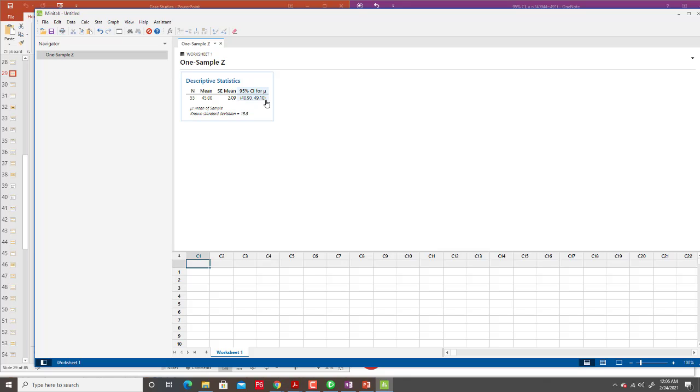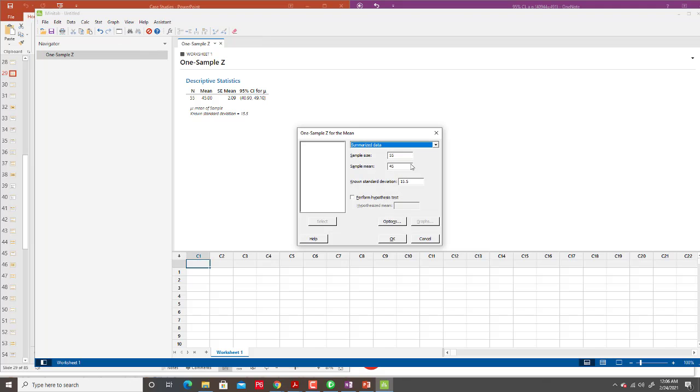Can you see that? Did you click that the mean is not equal to the hypothesized mean? Yes, that's what we clicked. Okay.